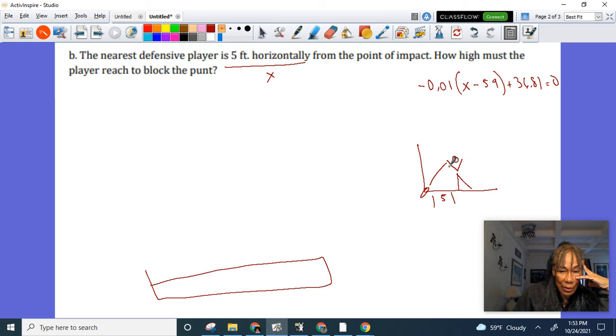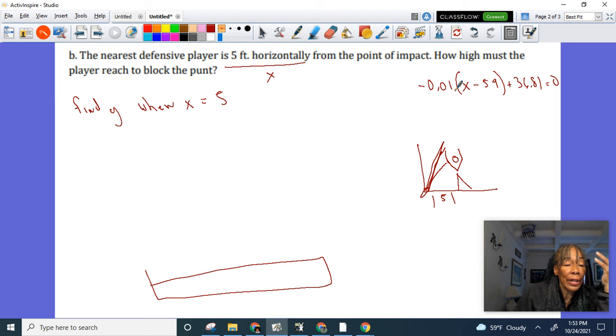How high must he reach? Okay, well, let's assume his arms are over his head. How high must he reach to block our punt? So what that means is, find y when x equals 5. I would probably put that into the original equation, frankly.